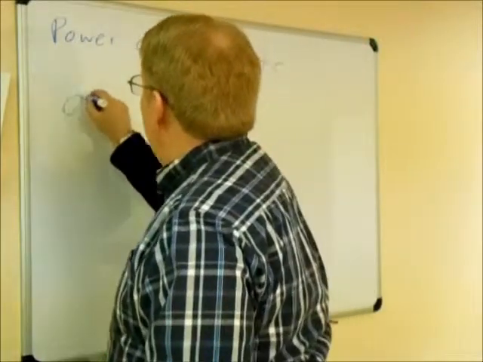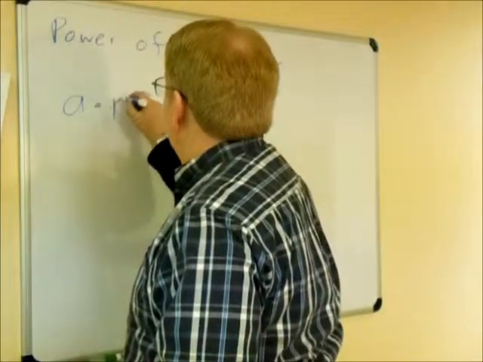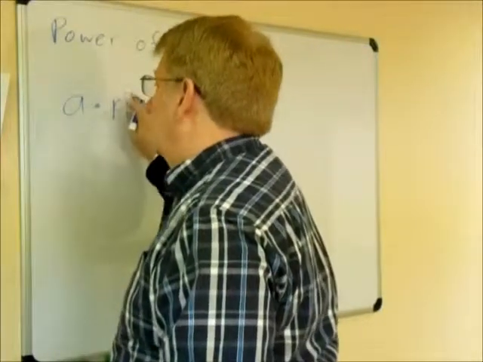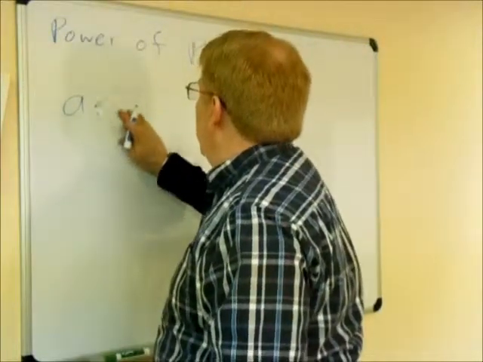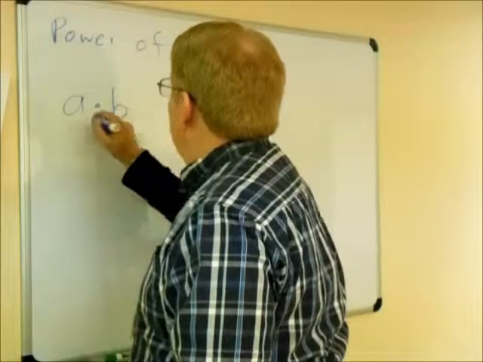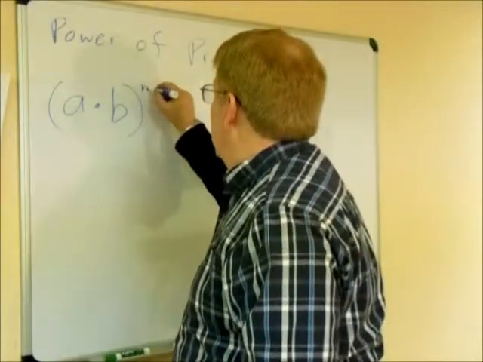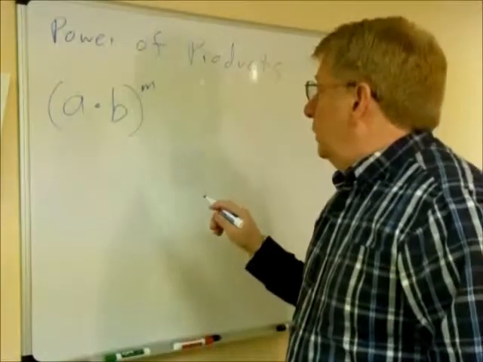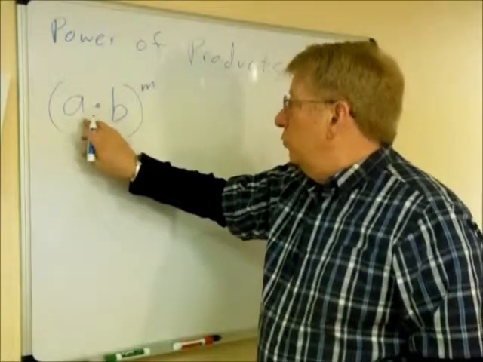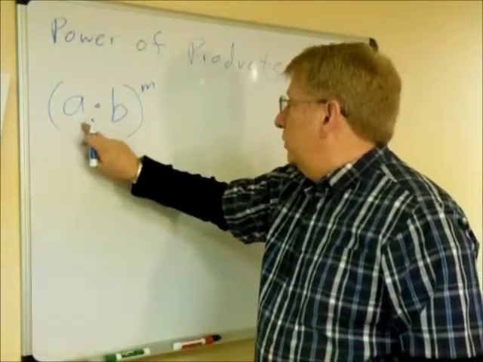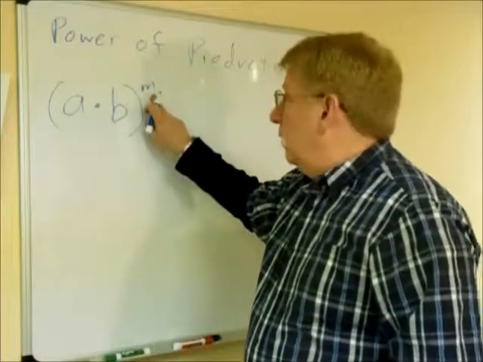So here if we have a times b, and we'll take that to the m. In this case we're multiplying two numbers times each other, and then we're taking it to a power.